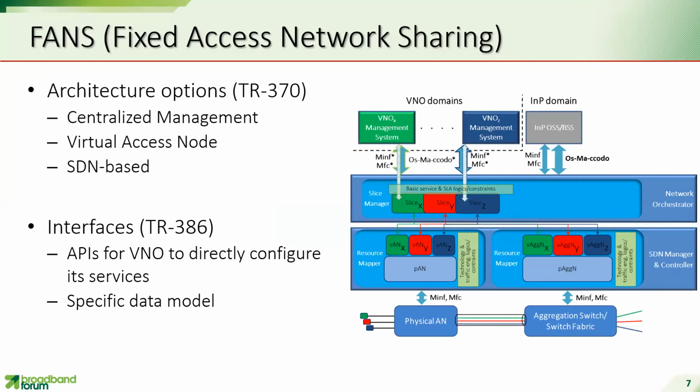FANS specifies the architectural model, defines the topologies, deployment scenarios, and specific virtualization requirements needed to successfully deploy a shared access network building on SDN. TR 386 defines the interface requirements of the equipment for the infrastructure provider and for the virtual network operator.